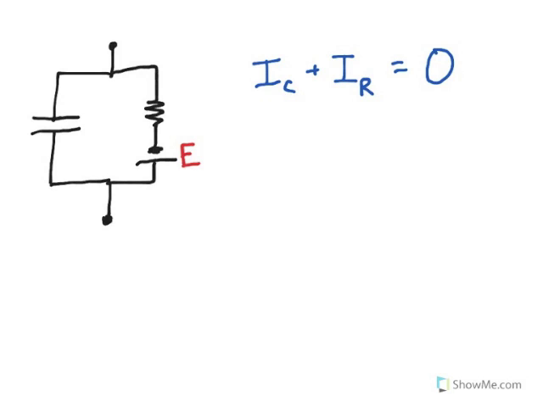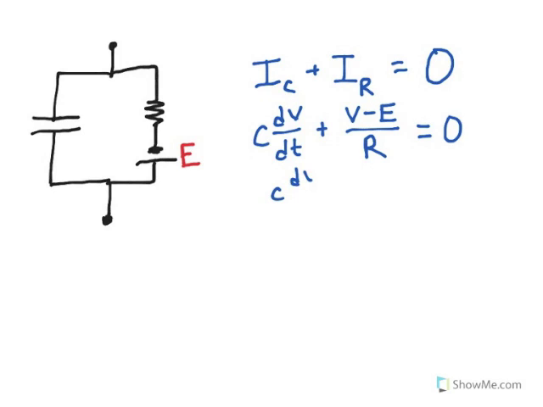Okay, so we said before that IC is equal to C times dV/dt, and IR is equal to V minus E over R. And we've said that these must sum to zero. Well, I'm just going to rearrange this a little bit.